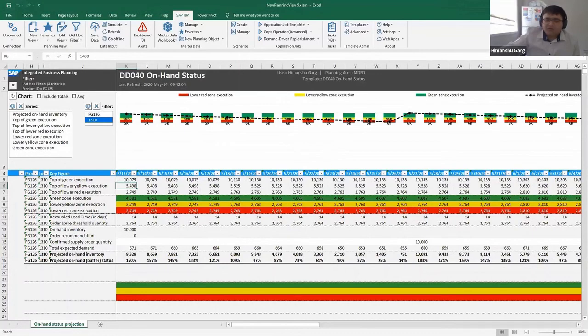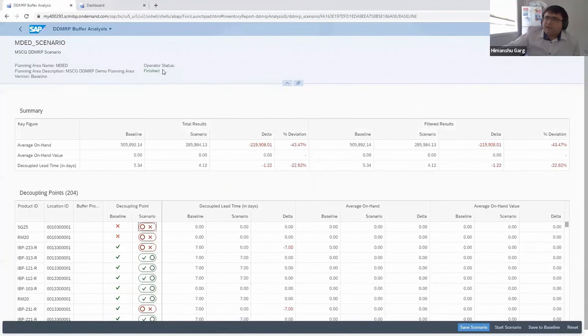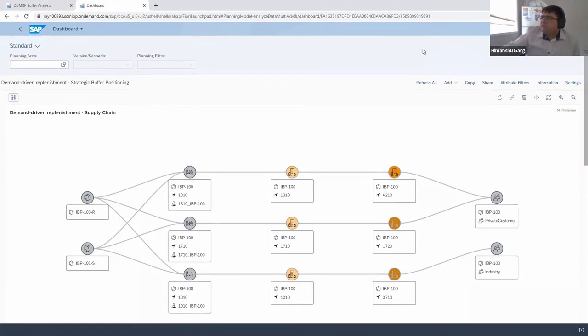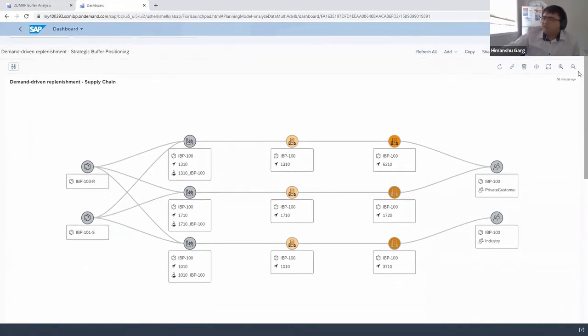Now I'll take you back to the web UI, and there we will see the dashboards that we have put together. And again, I would like to emphasize that dashboards are very, very flexible in IBP. We can create all sorts of dashboards and KPI measurements in IBP. So this is a dashboard where we can see the supply chain.